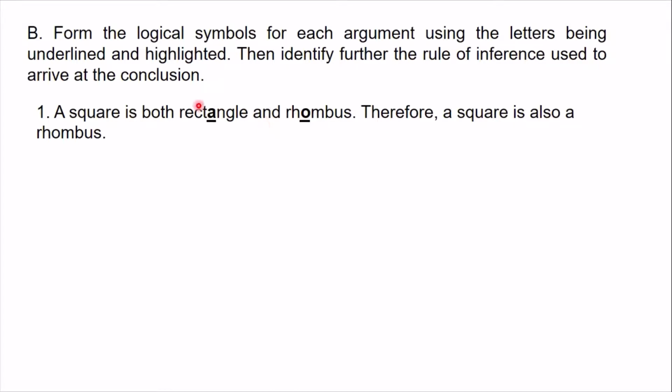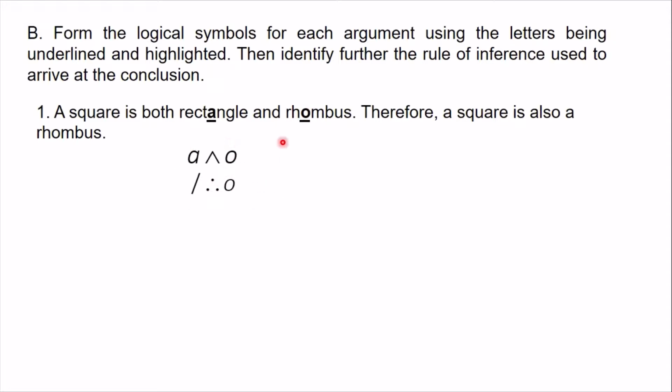So therefore, we have A and O. Okay? So this is the symbol for a square is both rectangle and rhombus. Now, therefore is already our conclusion. And what symbol will be used in our conclusion? So, a square is also a rhombus. Since rhombus, then we're going to use O. So, therefore, the conclusion is O.